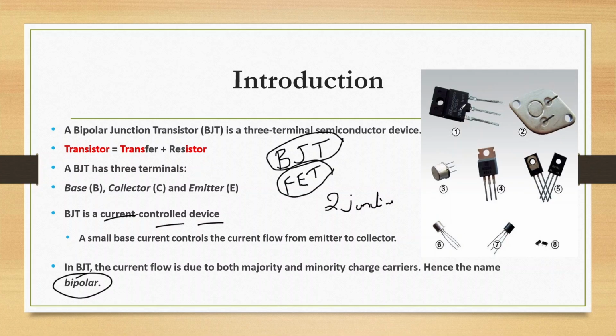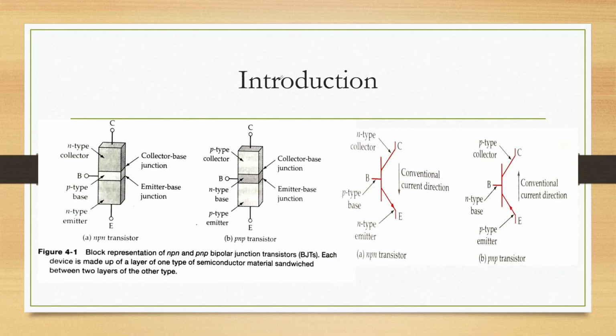These are some of the commercial transistors which we use in our laboratories and in electronic devices. In the BJT we have two types of transistor based on construction, that is the NPN transistor and the PNP transistor.